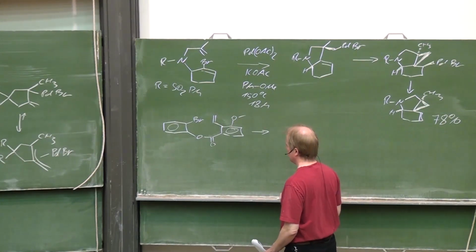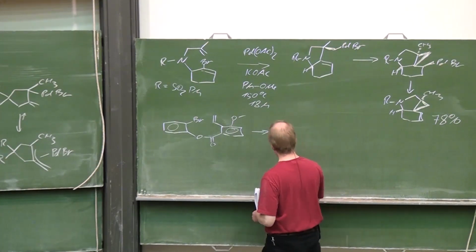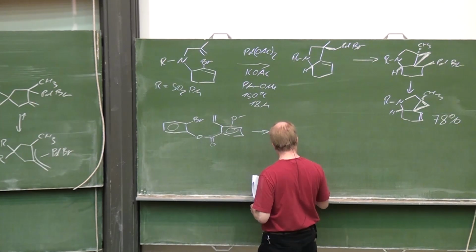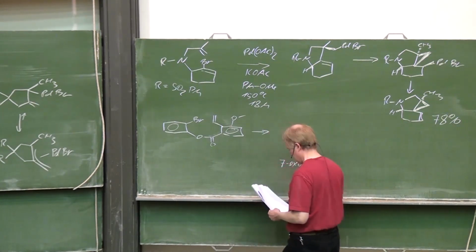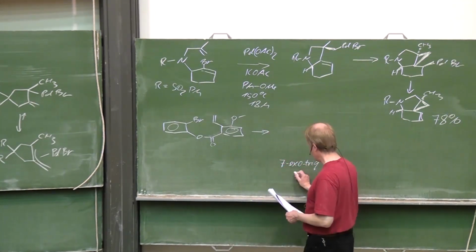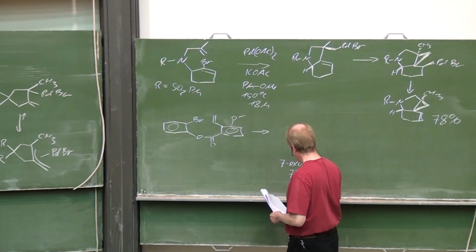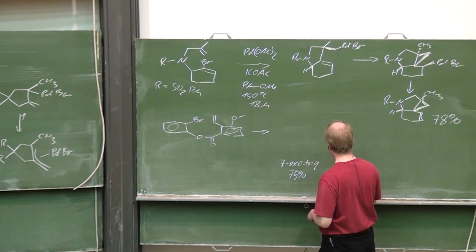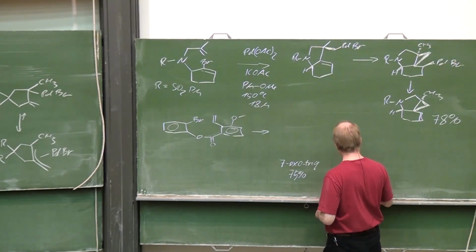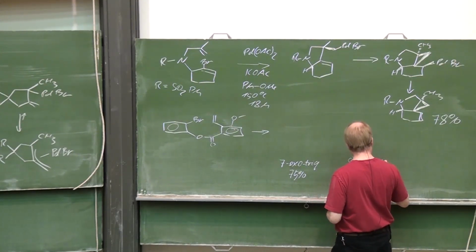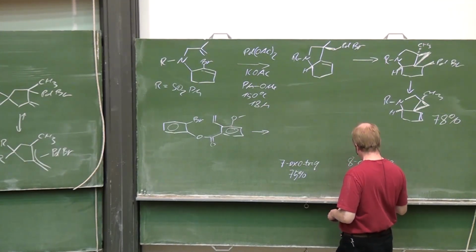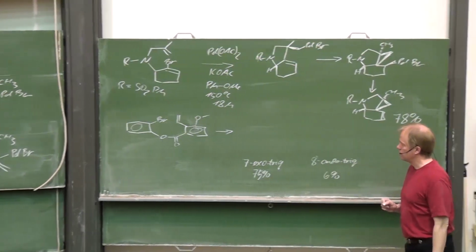In this case, we get the 7-exo trig product as the main one, 75% yield, and the 8-endo trig also occurs in a 6% yield.